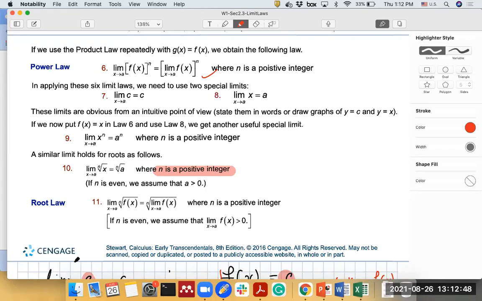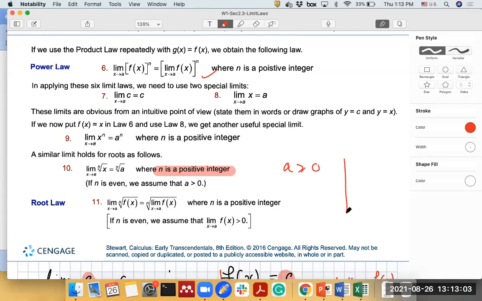Now, when we consider the limit, we don't care about that value. The condition of the radical sign implies that a should be larger than or equal to 0.